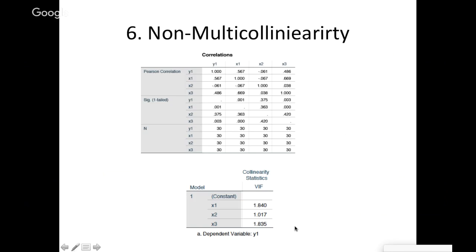But to check that further, we look at the collinearity statistics, the variance inflation factor. The rule of thumb is that 1 indicates there's no multicollinearity. These are really close to 1, so I don't have reason to believe that I violated this assumption.